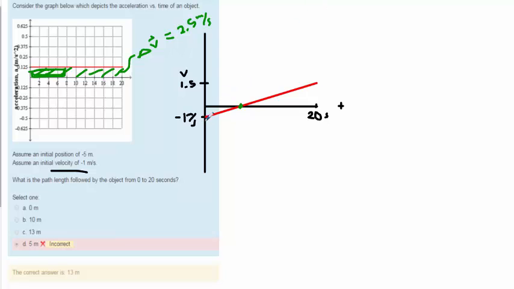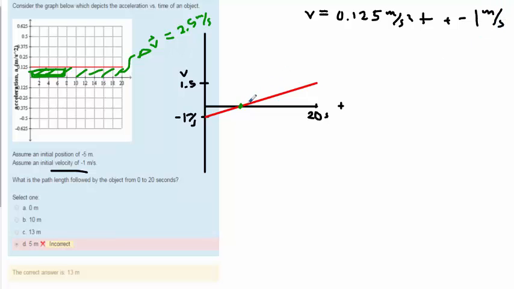So the idea is you can set up an equation for this line. So the equation for this line is going to be the velocity equals the slope. So what's the slope? Well, that's easy. It's the acceleration, 0.125, and where am I getting this number from? From my acceleration versus time graph. Times t plus the initial velocity of -1 meters per second.